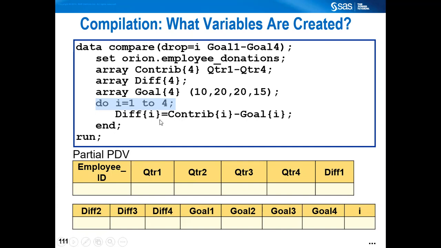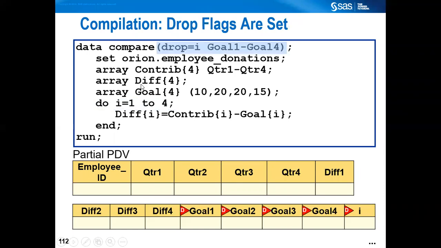Because we are going to use it in this difference, contrib I minus whole. Contrib I is your I quarter. Because you are not writing it separately like quarter one minus whole, quarter two minus whole. To avoid that repetitive statement, we are implementing loops, and for that we are implementing array. Got it now? Yes.